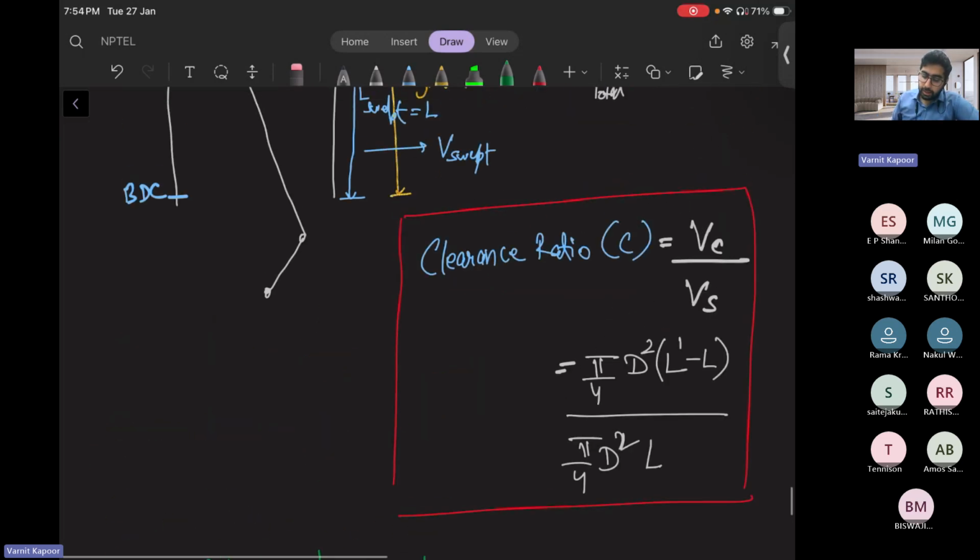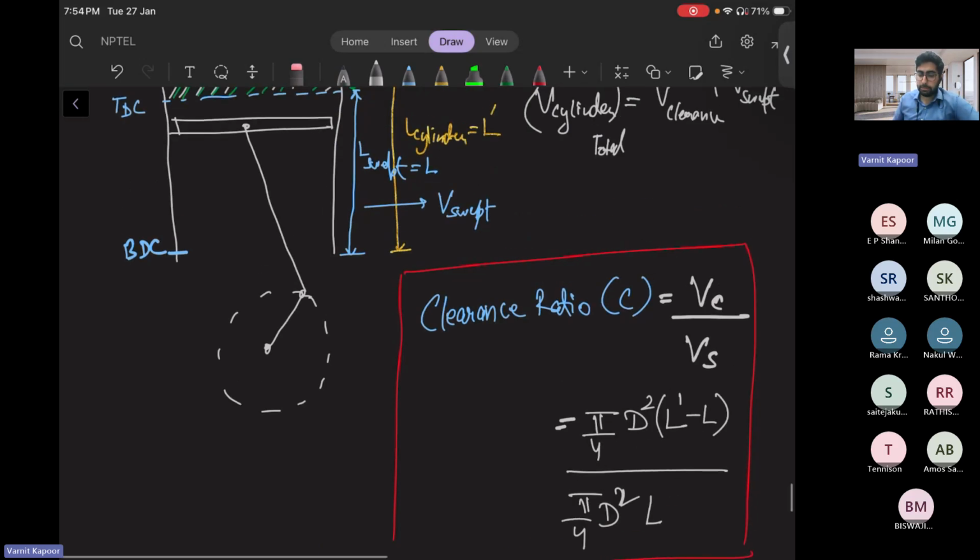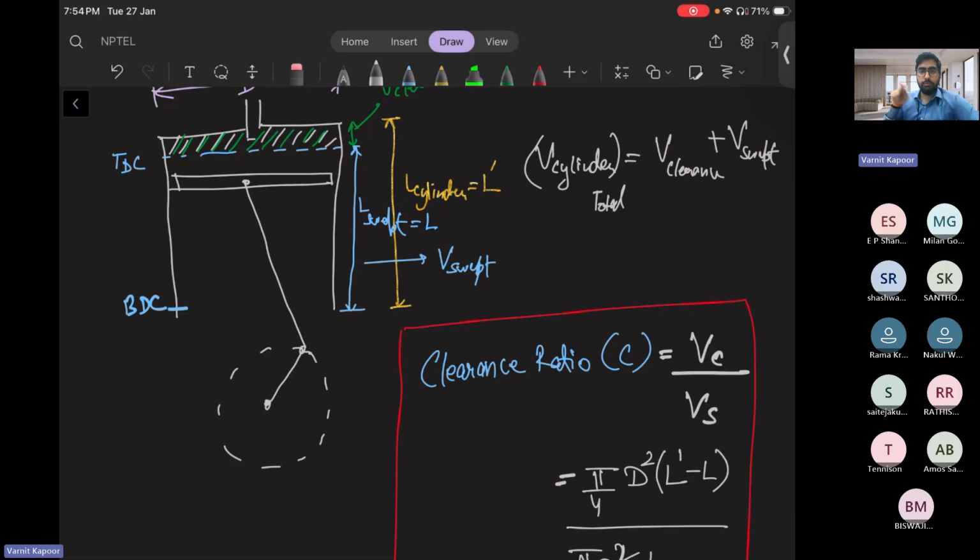What you see is that your crank rod is moving in a circular motion, correct? As the piston moves down, the crank rod moves in a circular motion. When it is at top dead center, it is at the peak position, that is TDC. At TDC, the connecting rod and crank rod are straight. When it has come to BDC, the position will be like this.